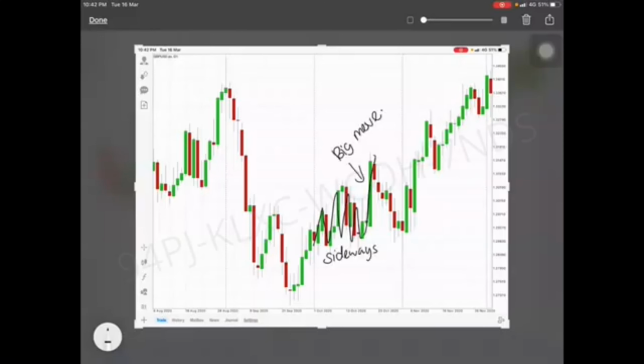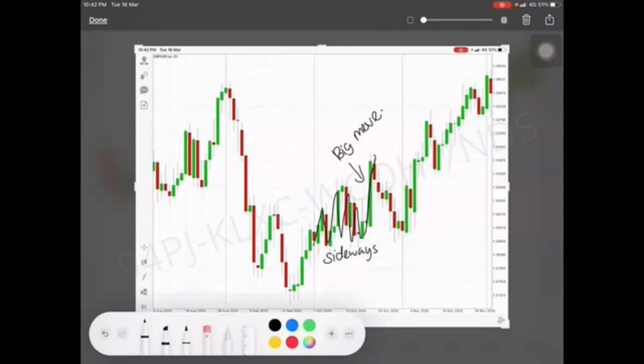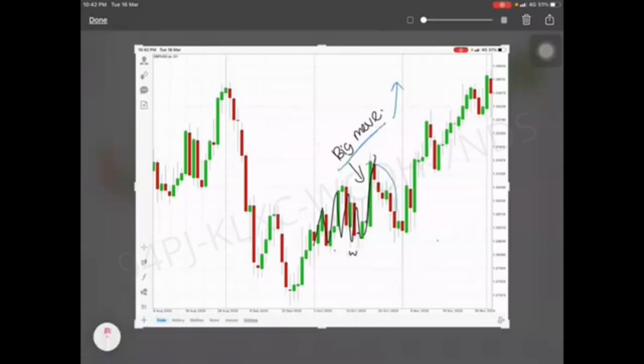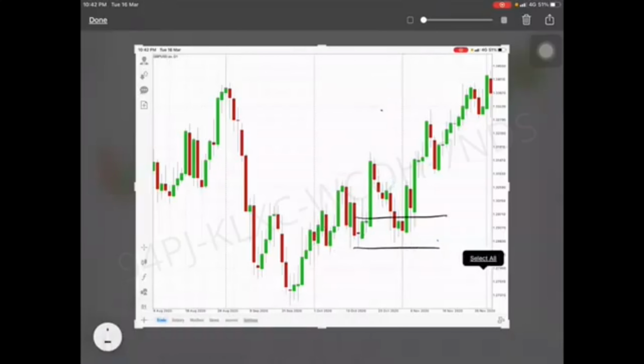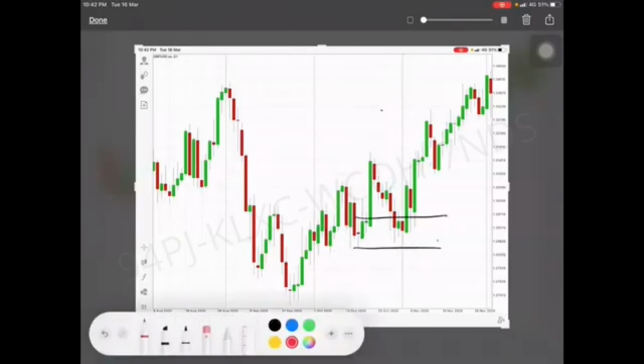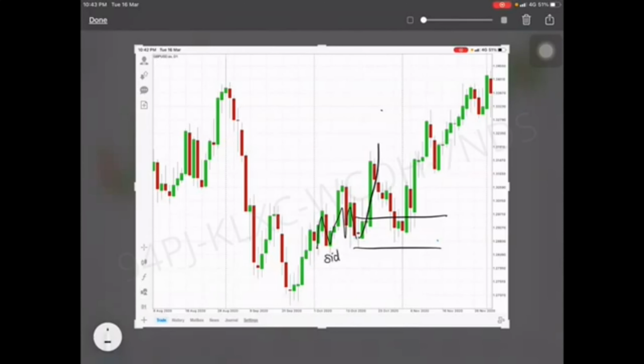And there is a big movement. Okay? So when you have a sideways and a big movement, you know that when the price comes back to the zone, movement goes upward. Is at the sideways area. Is it clear? And big zone. Okay, so you're gonna look for buy.